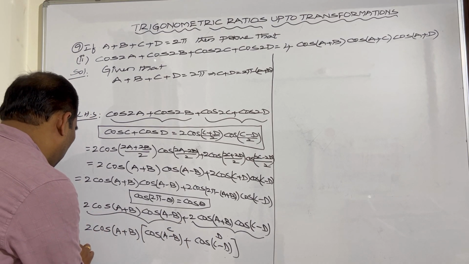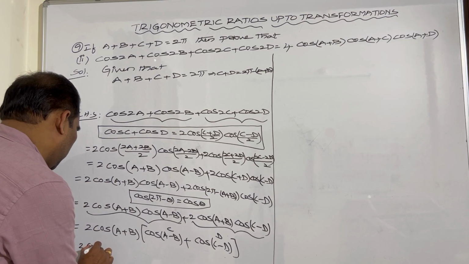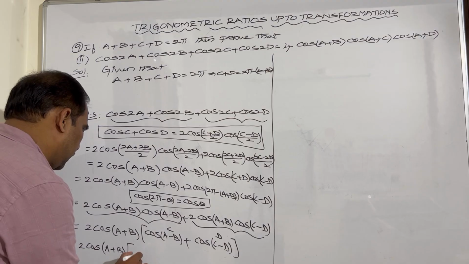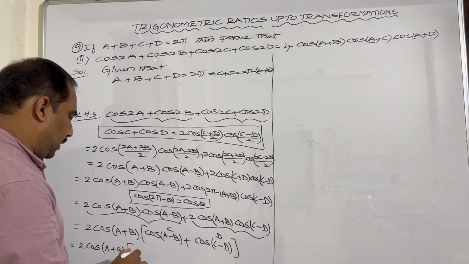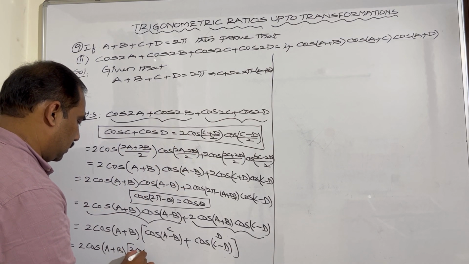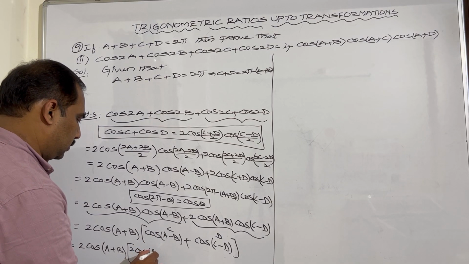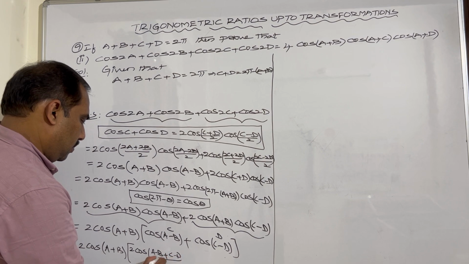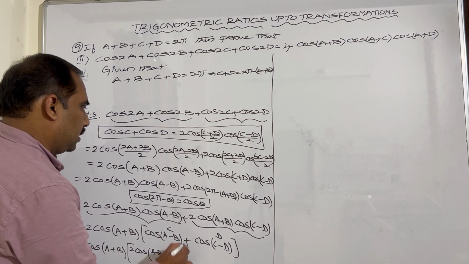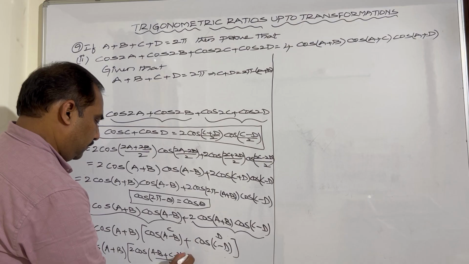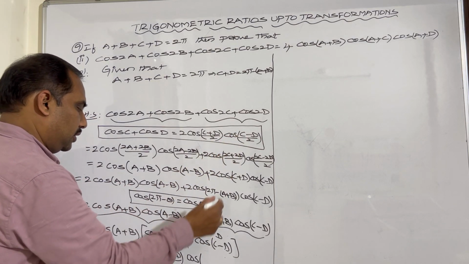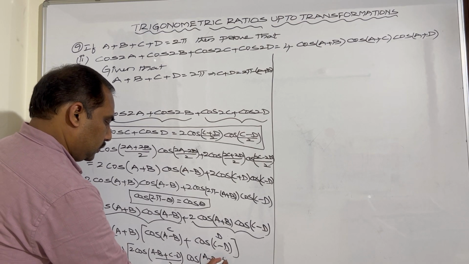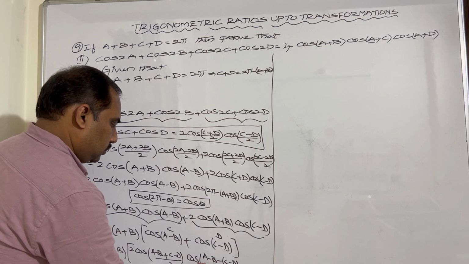Once again we apply the same formula: 2 cos of (C plus D) by 2, that is, 2 cos of (a minus b plus c minus d) by 2, into cos of (a minus b minus of c minus d) by 2.